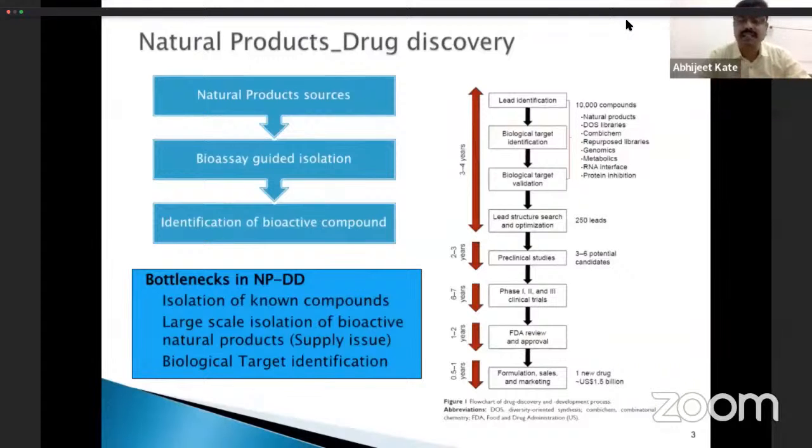Phase 2 trials are conducted on patients, a small population, to see the efficacy and also the safety. Phase 3 is on a large population, and as you go from phase 1 to phase 3, the amount of money you need increases exponentially.